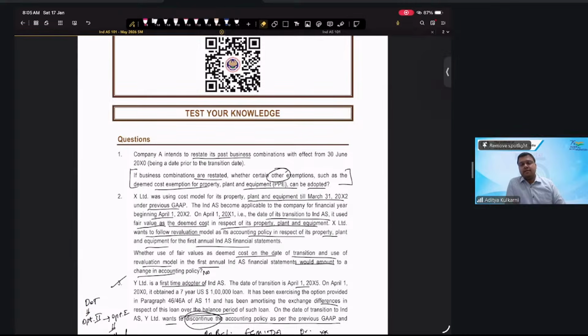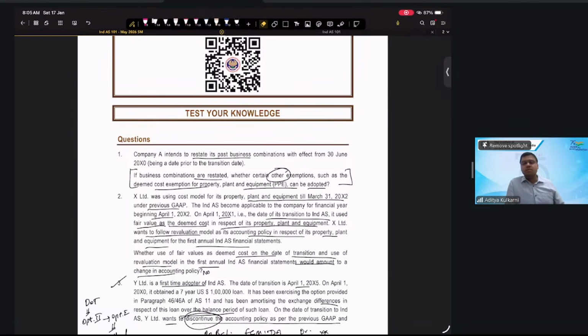You cannot do that. But suppose there are other property, plant, equipment items apart from the business combination items. Do you understand? Yes. That means I have certain items which do not belong to the subsidiary.